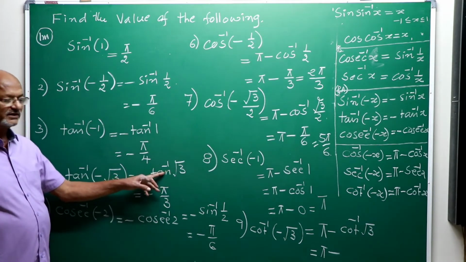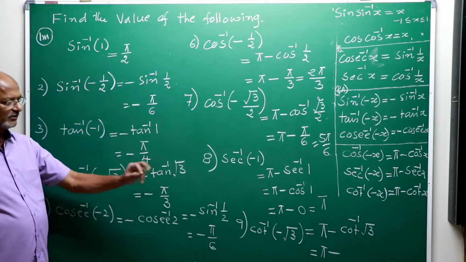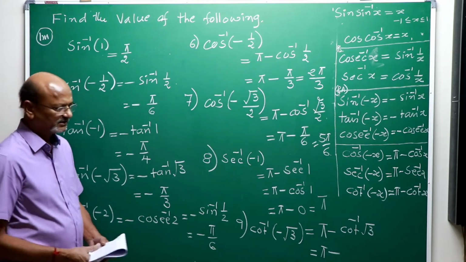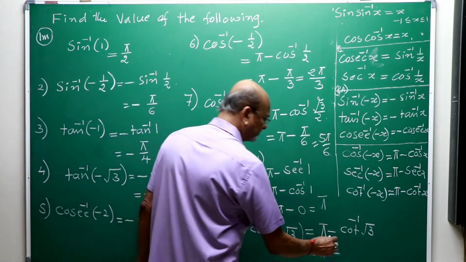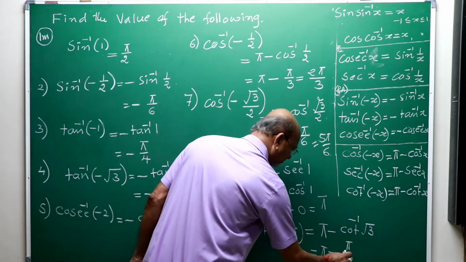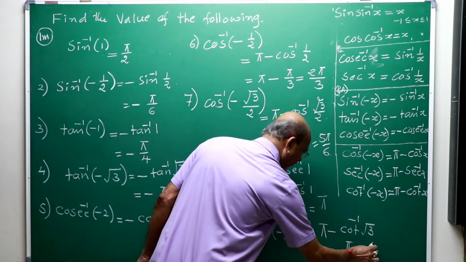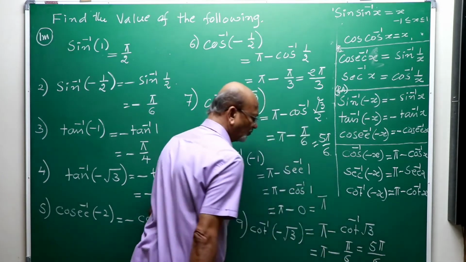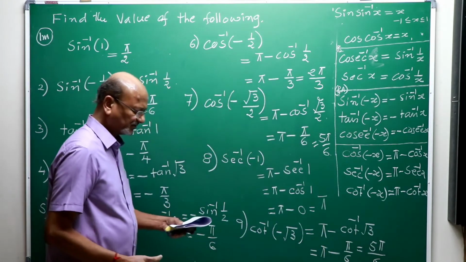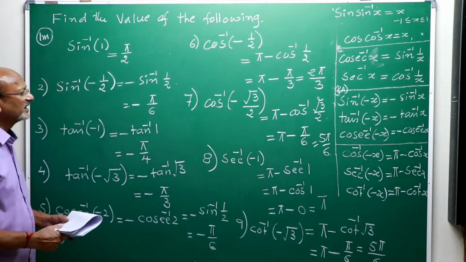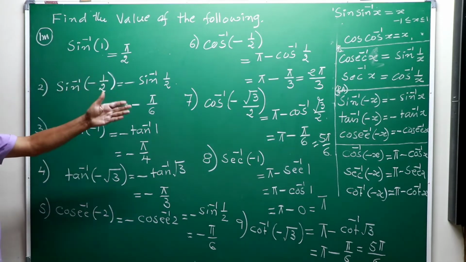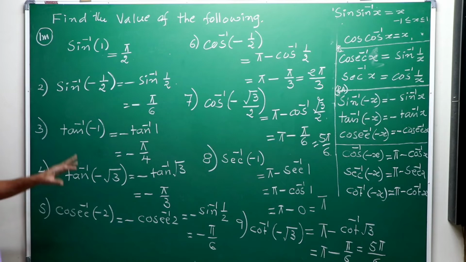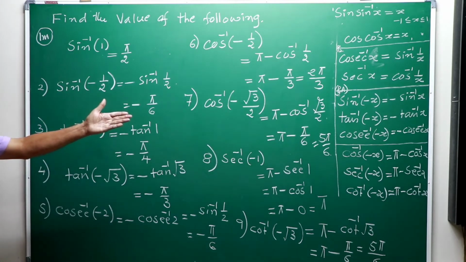Tan inverse root 3 is 60, cot inverse root 3 is 30. 30 means pi by 6 radians, which gives 5 pi by 6. Yes, my friends, these are around 8 to 9 examples based on these properties.